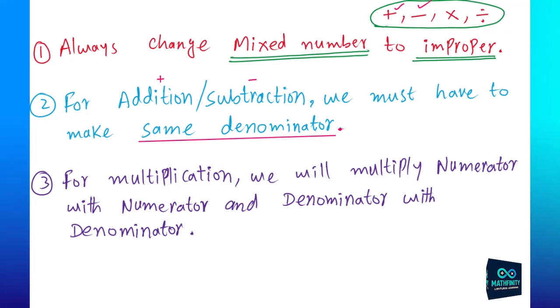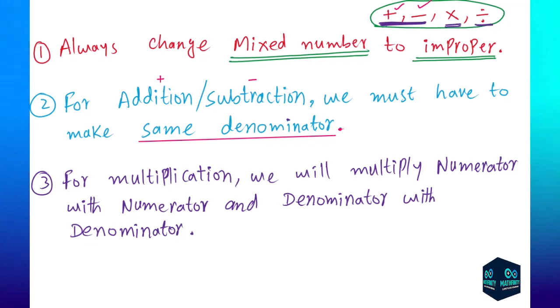Just multiply numerator with numerator and denominator with denominator. For addition and subtraction, we make the same denominator, and to make the same denominator, we learned how to find the LCM.